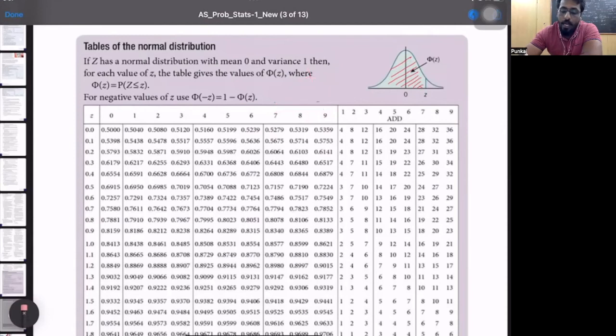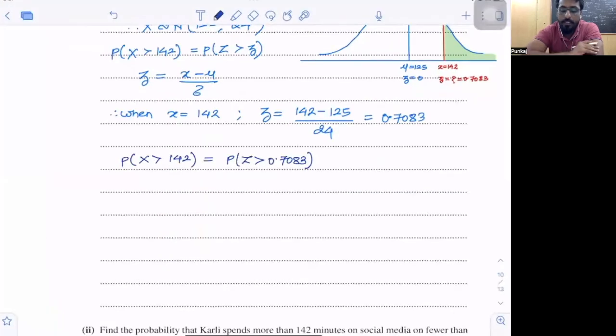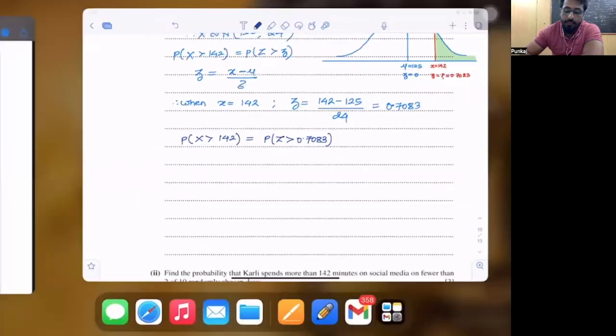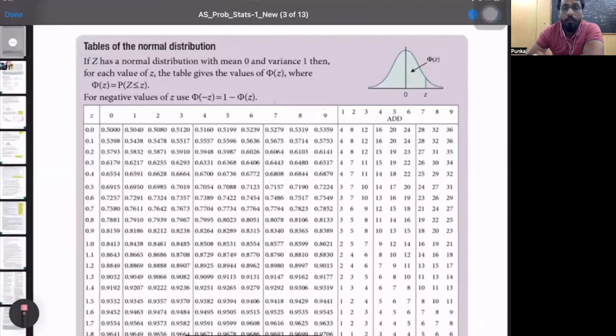Now I have the value of Z, which was 0.7083. I hope that's the correct value that I've taken, right? Yeah, 0.7083. It's a positive value, ahead of Z equal to 0. So I want to go and see the table value for 0.7 below 0, with an add value of 8. The 3 has no significance over here. There is no 70, it's 0.7.